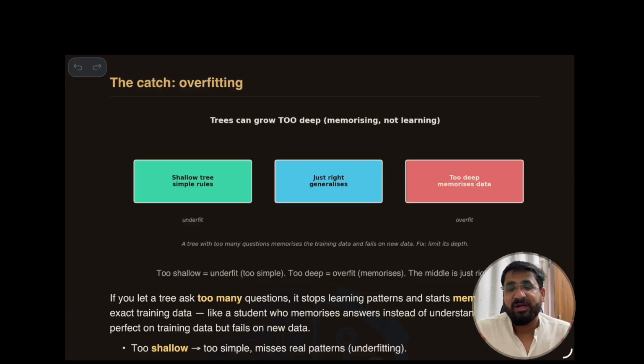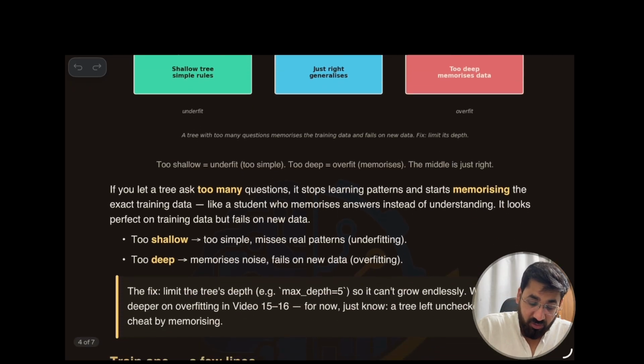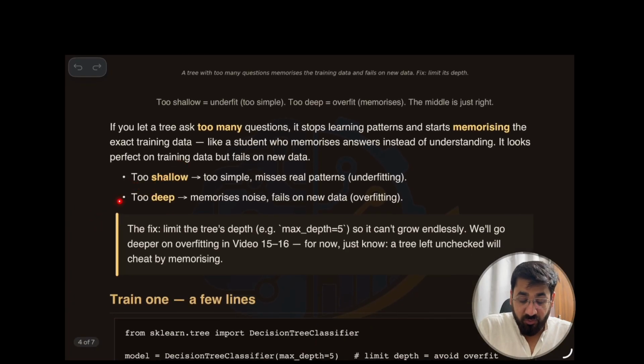If you encounter a real situation that is completely different, because you have not learned the pattern, you will scramble. And the other is the shallow tree, a very simple rule. If you ask only 2 questions, you will just give the wrong answer. What we want is in between, and that is right generalization, where you learn the pattern. This is called too shallow and too deep.